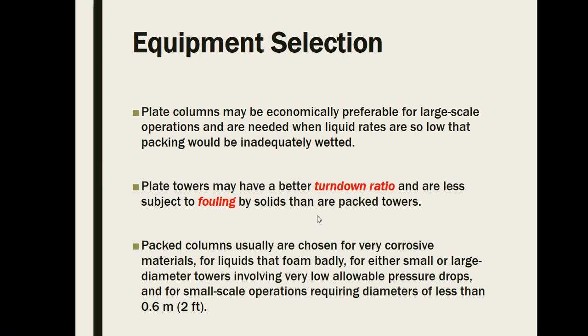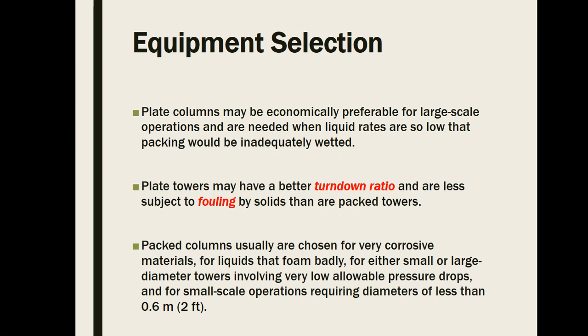Now, as to equipment selection, we can have plate columns or packed columns. Plate columns may be economical because they are often used in large-scale operations and are needed when we have a problem with small liquid rates, such that the packing material for packed columns will not be adequately wetted.